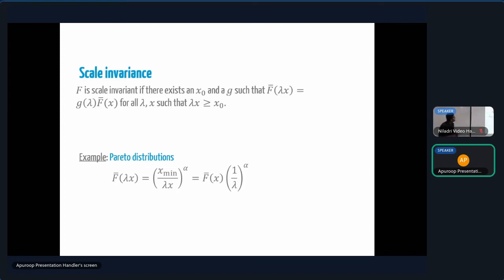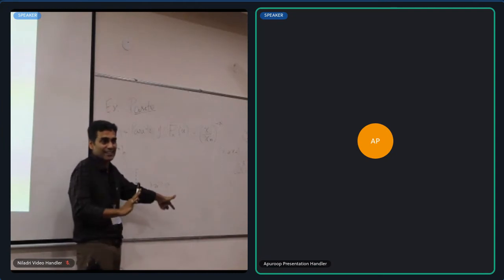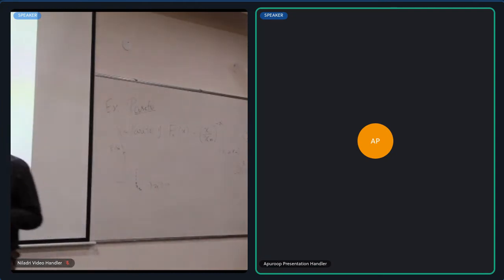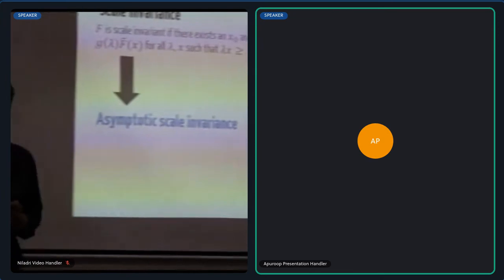As I mentioned, scale invariance by itself is very restrictive because you need an exact power law beyond a certain point. Exact power law means that beyond a certain point, on a log scale, the CCDF has to go down exactly linearly. But that is usually not how real world distributions tend to be.